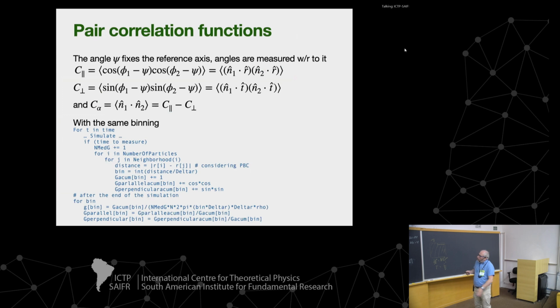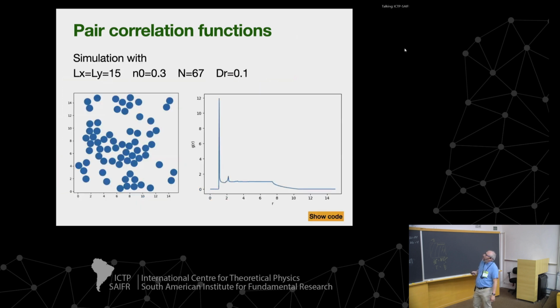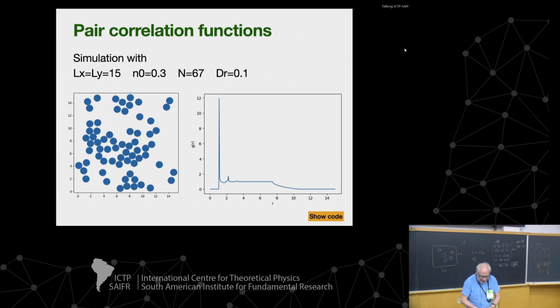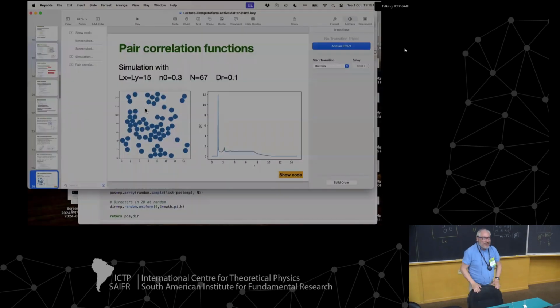Okay, this is the code I'm going to show you, but it's simply that you accumulate the same things as before, and then you normalize with the total measurements. And this is the result that I showed you yesterday for this system, and I said that this is the percolation function, and my colleague complained that I was showing the case of MIPS.